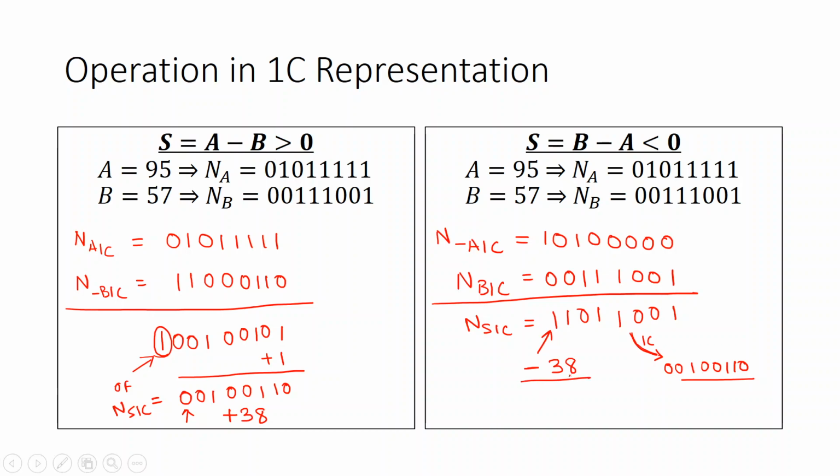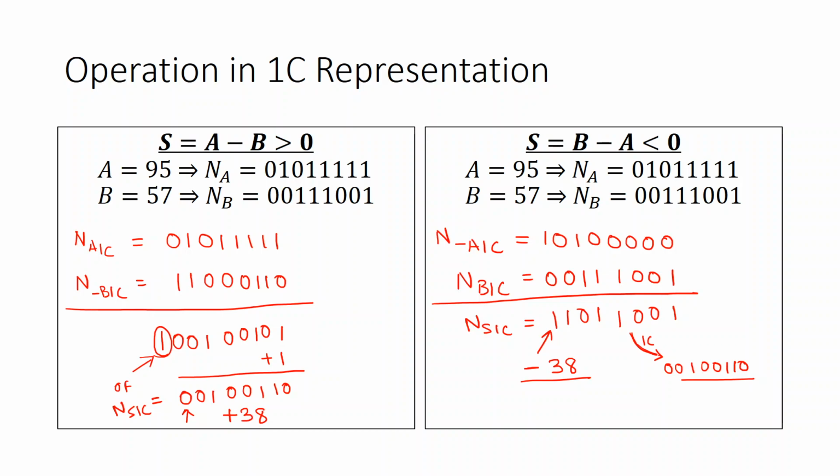So I hope it is clear now to you what the algorithm is. Whichever number you have to subtract, you simply take the complement of the corresponding positive number to get the complement representation of the negative number. Then you add the complement representations.